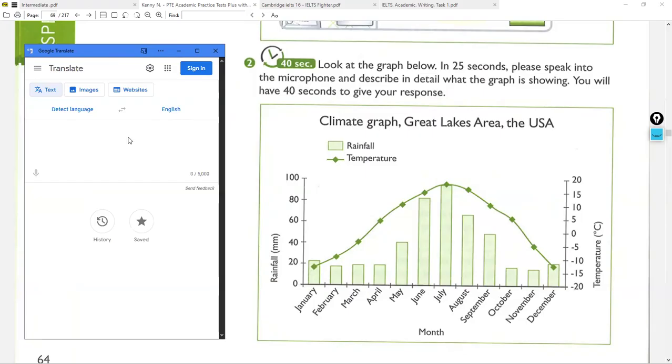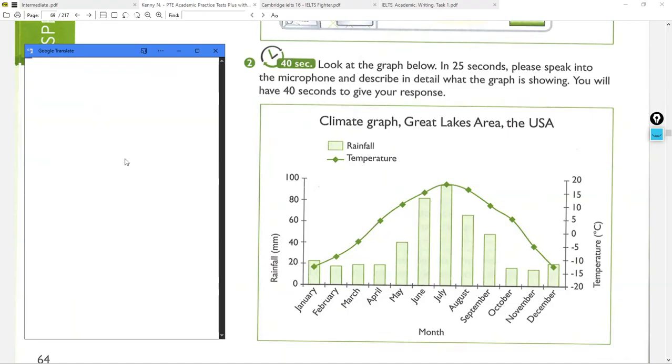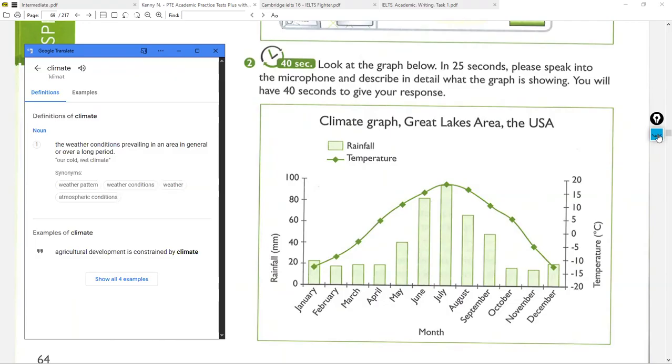By the way, I have to write the word just to show you the exact meaning of climate. First of all, I have to show you the pronunciation of this word, climate, and let's check its meaning.